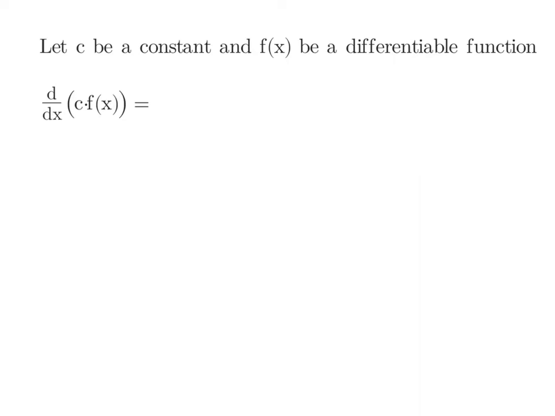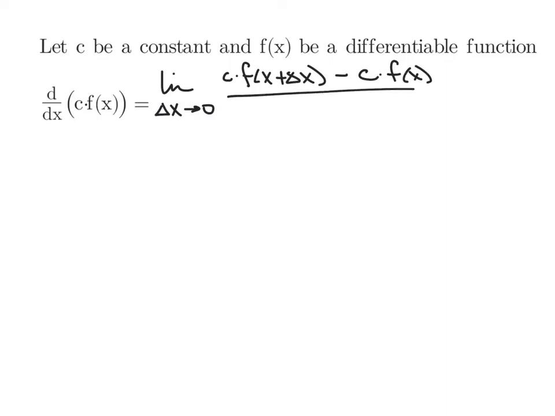Now, we're going to have to resort to our definition. Since we're trying to find the derivative of a function, I'm going to go with delta x approaching 0. And my function is c times f of x. So plug in the x plus delta x first, and then subtract off c times f of x, all over delta x.